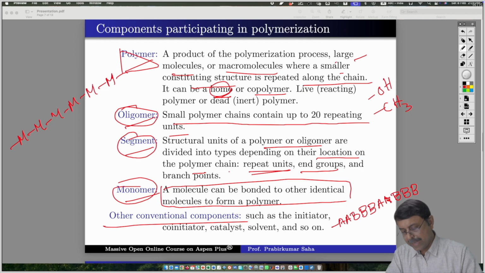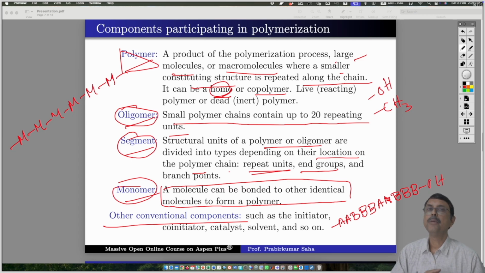So in that case, suppose after some time, a hydroxyl group comes at the end of the chain and the chain becomes dead over there. So the polymer is not live anymore. So this live and dead polymer concept is also there.